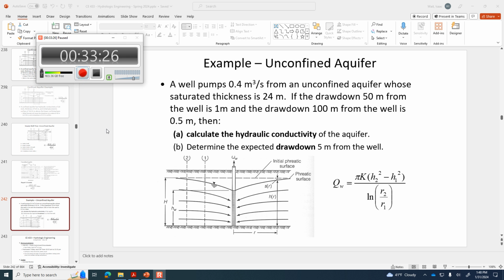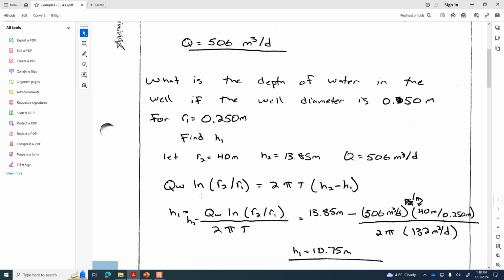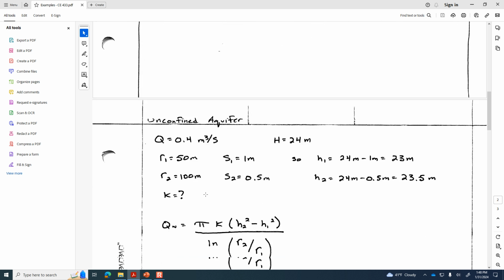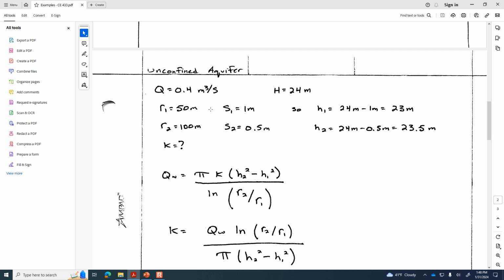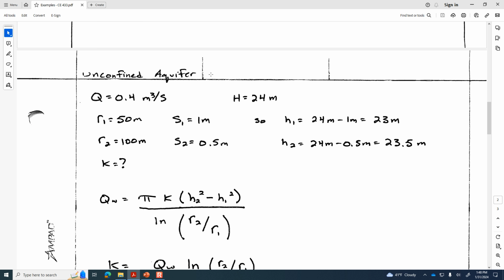All right. So I've sketched up on the whiteboard how we can find H1 and H2 from the drawdowns that are defined. So if the drawdown at location 1 is 1 meter, then the saturated thickness minus the drawdown gives us the height of the water at location 1. So 23 meters at location 1, 23.5 meters at location 2.